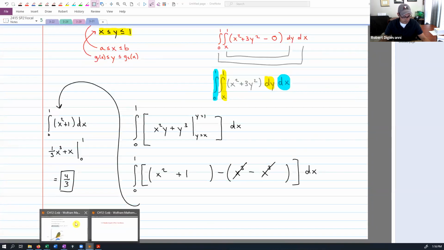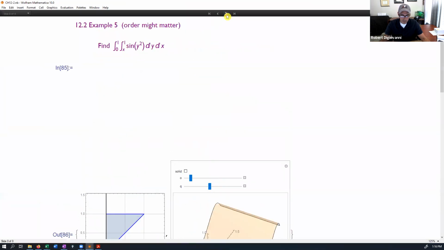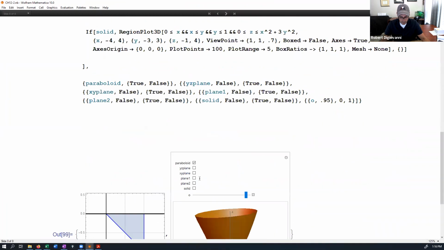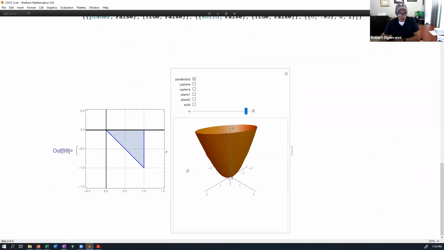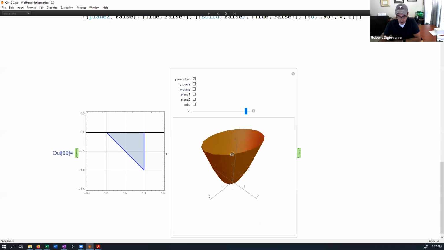Let's look at it. There it is. All right, so here's the ground. Now, I apologize, this is kind of twisted. It's not the same direction as it was when we drew it. But here's our paraboloid. Here's x equals 0.